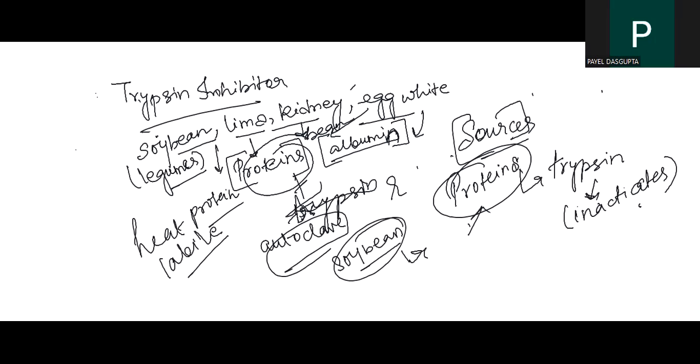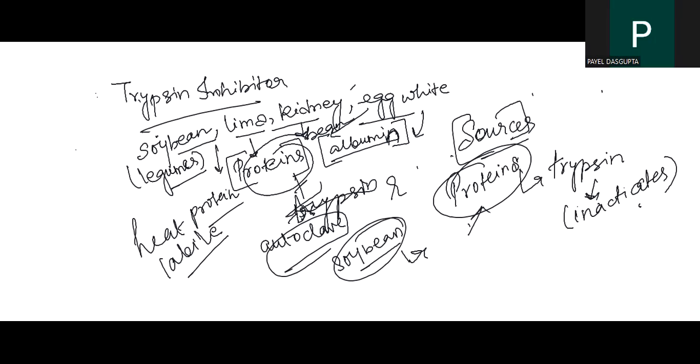Boiling soybeans for around 14 to 20 minutes definitely inactivates 80% of the inhibitor.